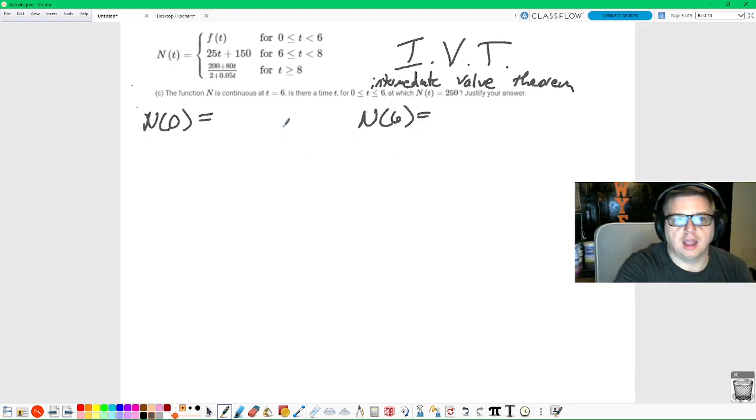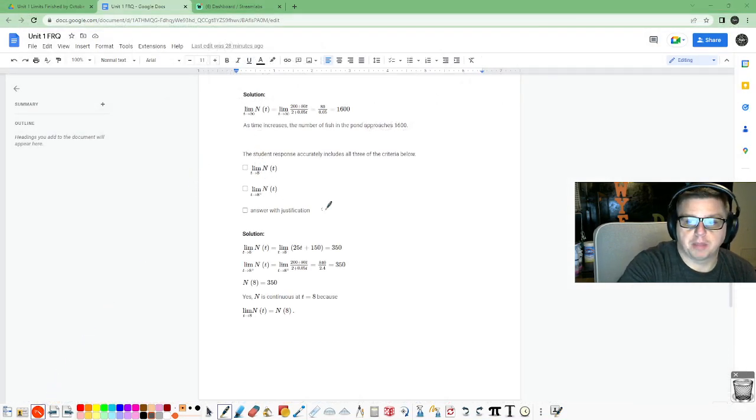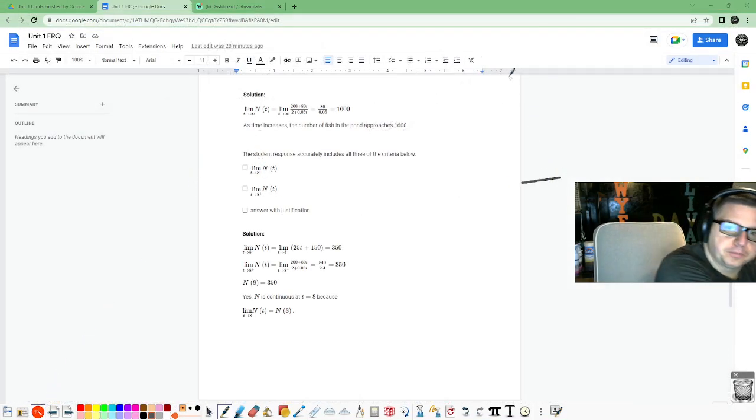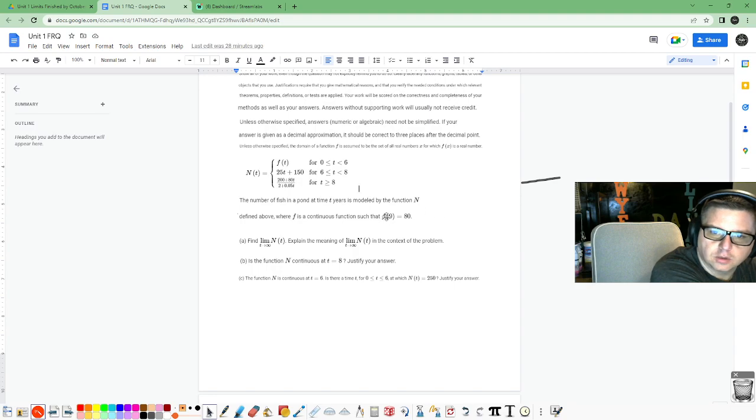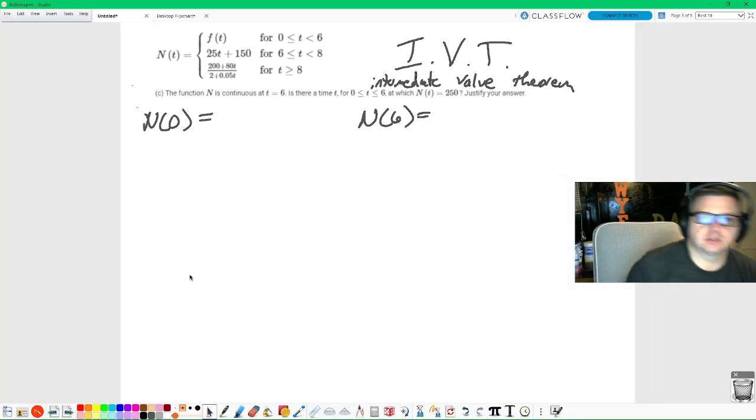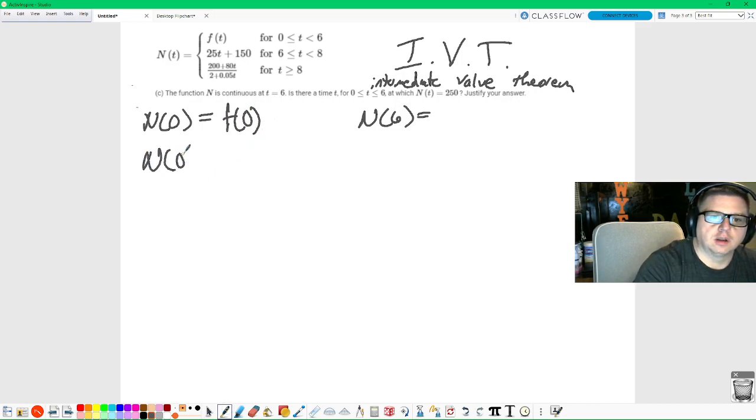Well, we already know what n of 0 equals because back at the beginning, it told us f of 0 equals 80. So we know n of 0 is f of 0. N of 0 equals 80.